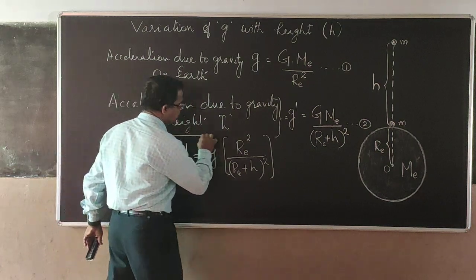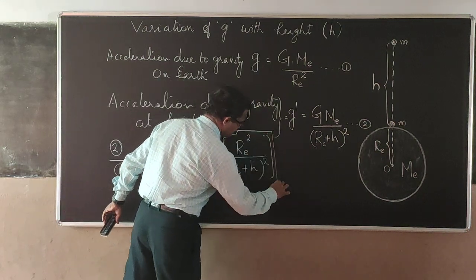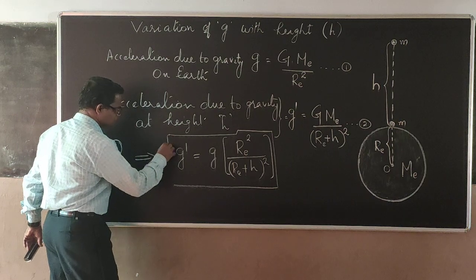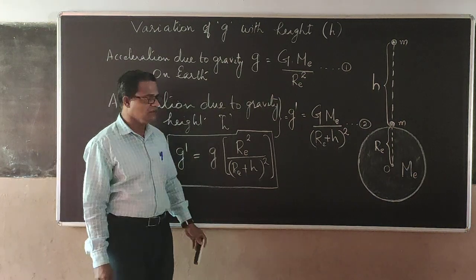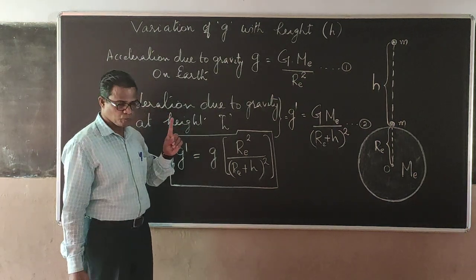So this is one equation we can consider for variation of acceleration due to gravity with respect to height.